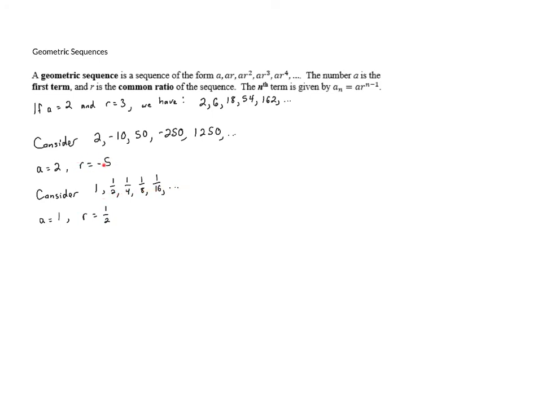And when the common ratio is negative, we end up with terms that are changing signs, alternating between positive and negative. Please take a look at some of the example problems below to get more practice working with geometric sequences, and then you can look at partial sums of geometric sequences in the next video.